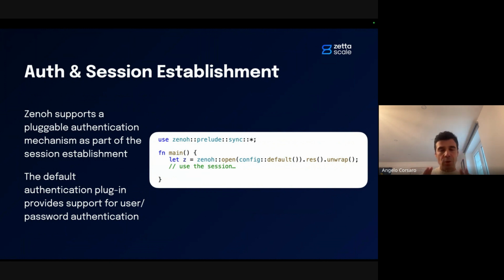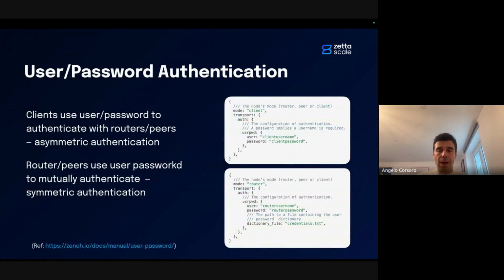Anyway, getting back to security, it's important to know that whenever you do a session open, if you have enabled authentication, then by default Zenoh provides support for user and password. It's a plugin. You can implement your own authentication if you want to do so. How do you configure user and password?